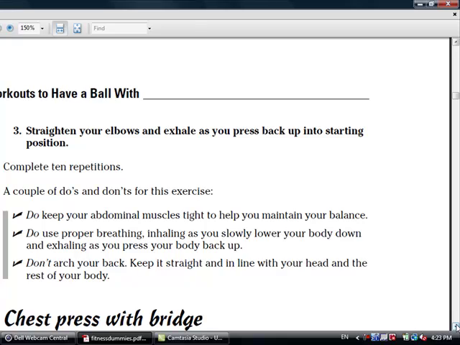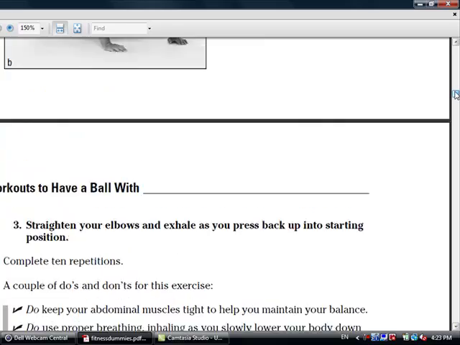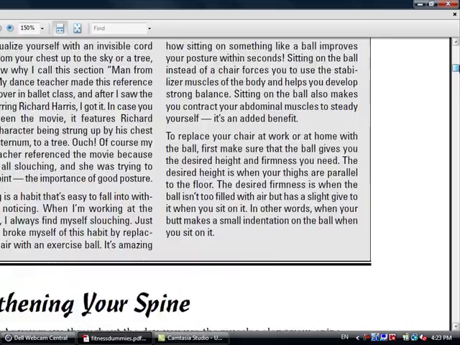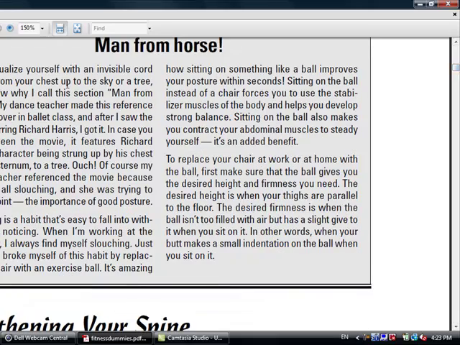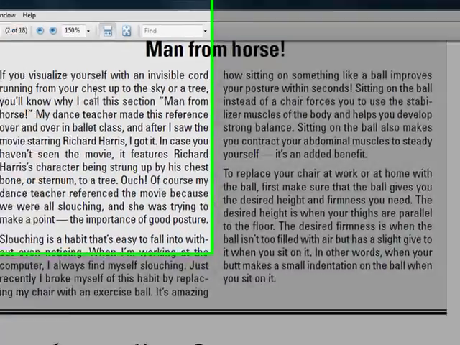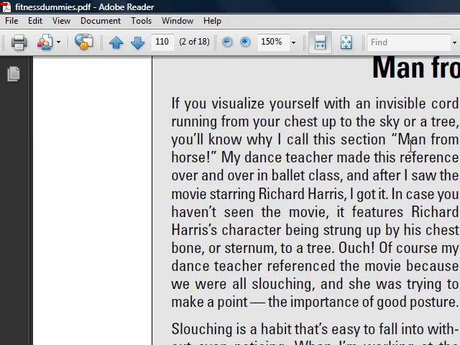So anything, one thing I just remembered from up here, in fact: if you visualize yourself with an invisible cord running from your chest up to the sky or a tree, you'll know why I call this section Man from Horse. My dance teacher made this reference over and over in ballet class, and after I saw the movie starring Richard Harris, I got it.